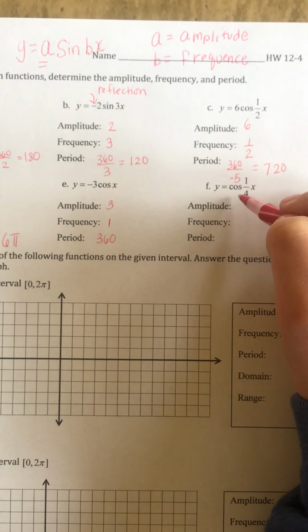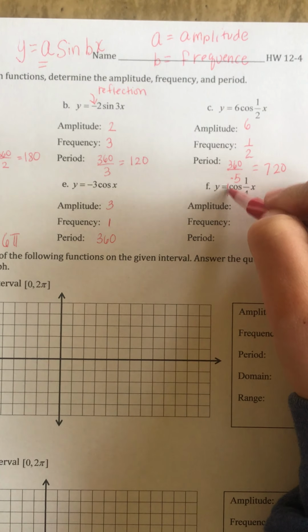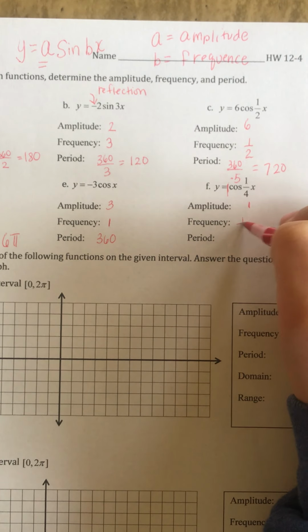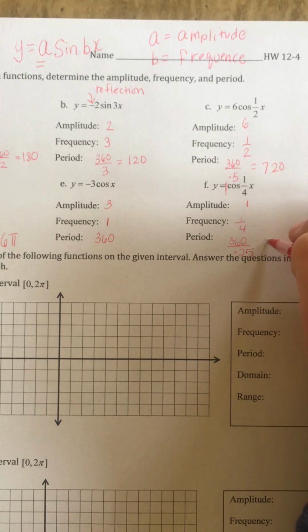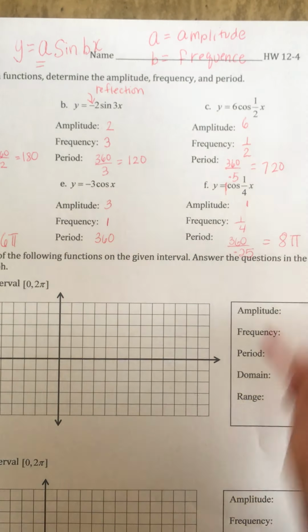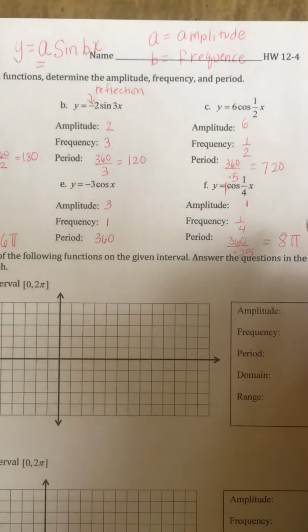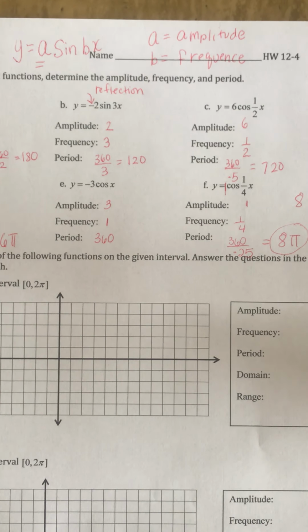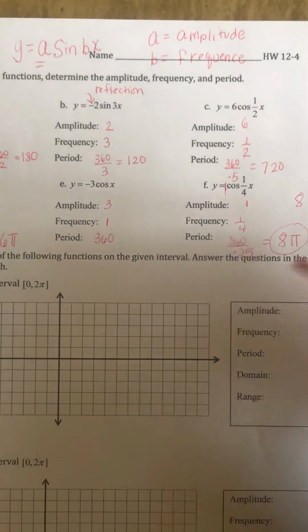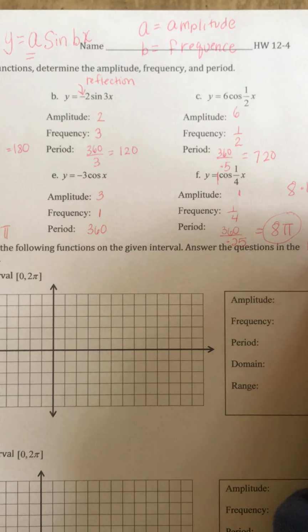And last, we have our amplitude, 1, frequency 1/4. We have 360 divided by 0.25, which gives us 8 pi radian. Again, if you guys want to convert that to a degree, you can do 8 times 180, and you would get 1,440.